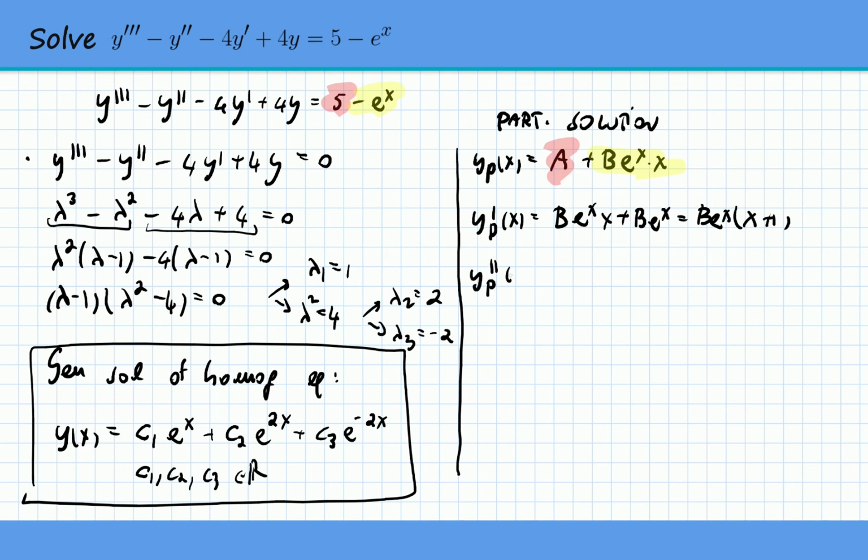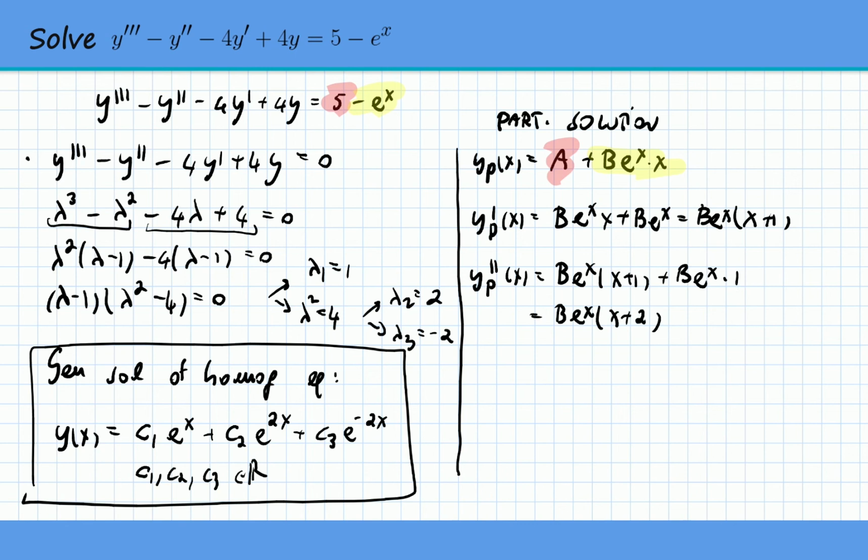And now the second derivative will be b e to the x times x plus 1 plus product rule b e to the x times 1, which we can simplify to b e to the x. This term gives us x plus 1, this gives us another plus 1, so this is x plus 2.